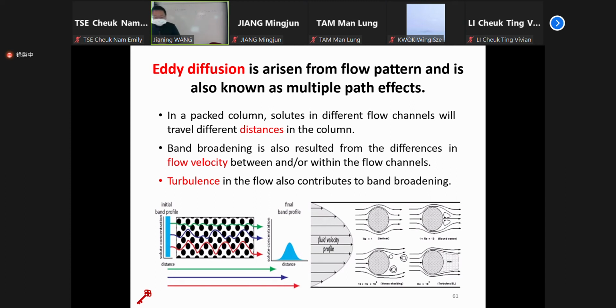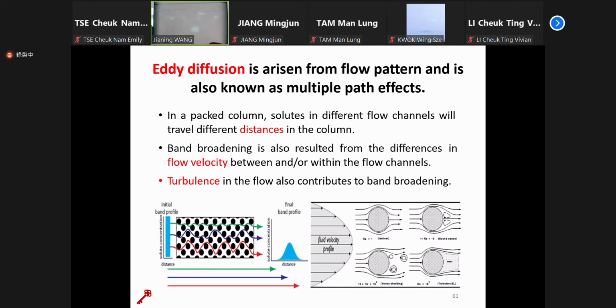So you can consider, for a packed column, what should we do to minimize the eddy diffusion? So we can increase the quality of each particle to make them as uniform as possible, right?